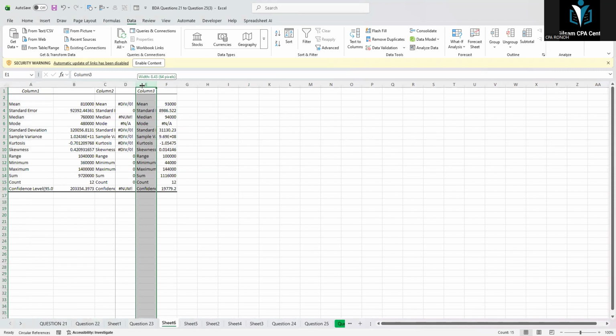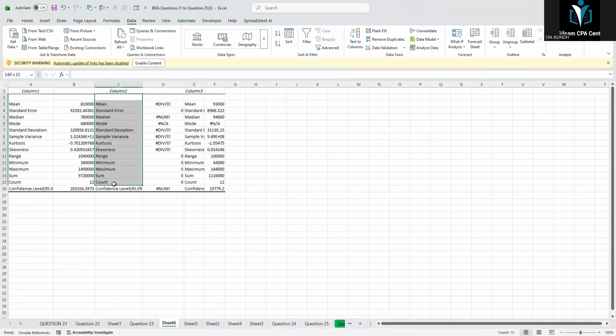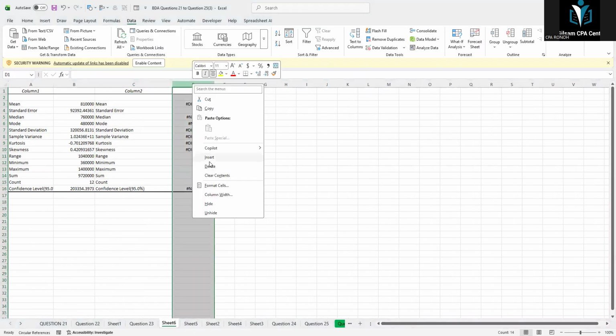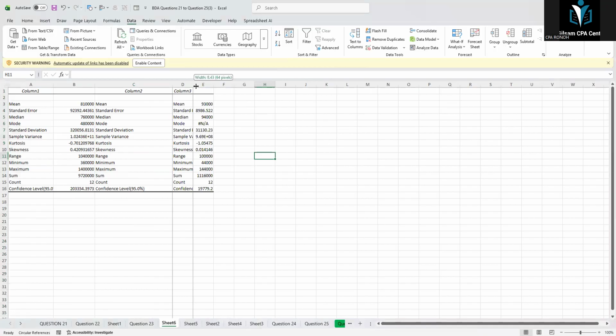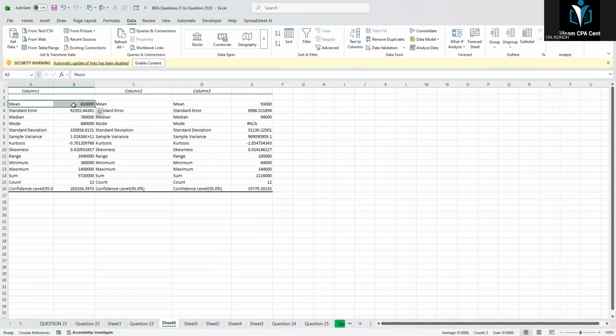This is the column where there was no data, so we don't need this. It will be given for all the values. So you can see our mean is 810.